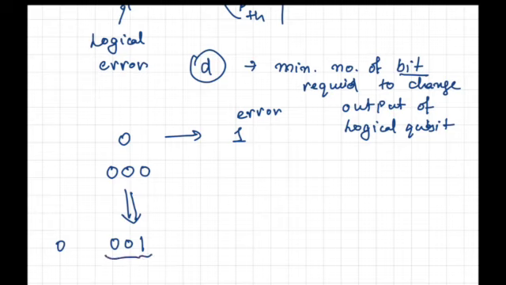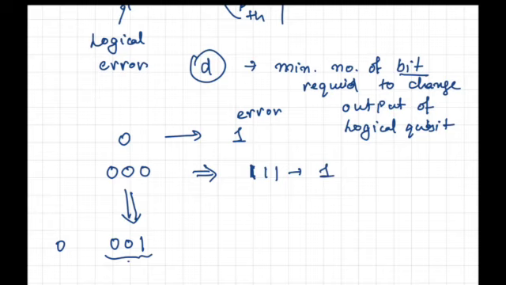But if the logical error occurs, meaning somebody gets not 001 but 111, this means there were bit flips 3 times, and we get the logical output 1.